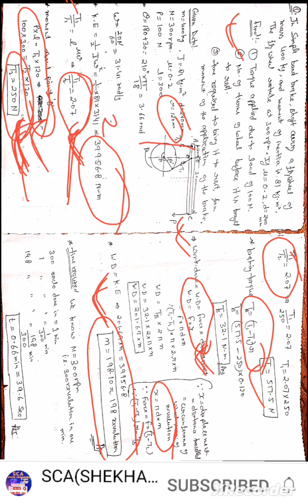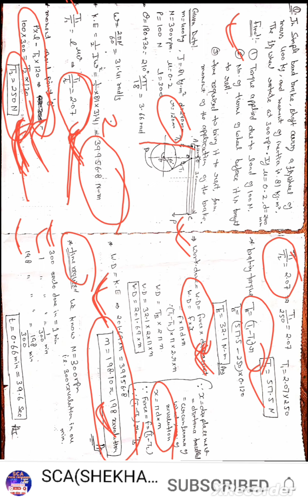Now the third determination: the time required to bring it to rest. We know N is 300 rpm, which means 300 revolutions in a single minute. So 1 revolution is done in 1 by 300 minutes, and 198 revolutions take 198 upon 300 minutes.